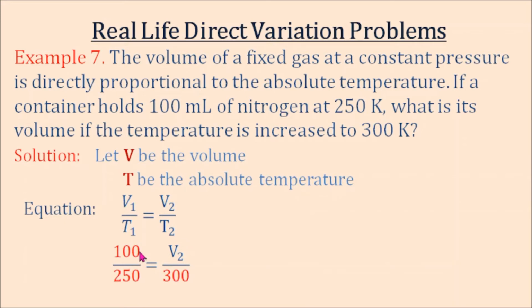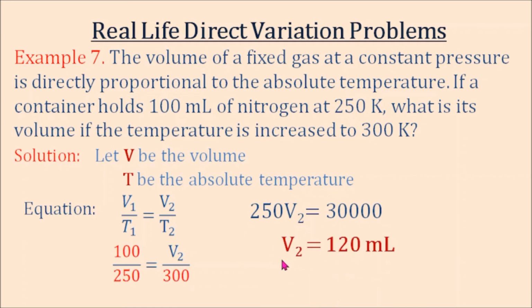So we have 100 over 250 equals V sub 2 over 300. Now we are going to cross multiply. 250 times V sub 2 equals 100 times 300. Now dividing both sides by 250, so V sub 2 equals 120 milliliter.